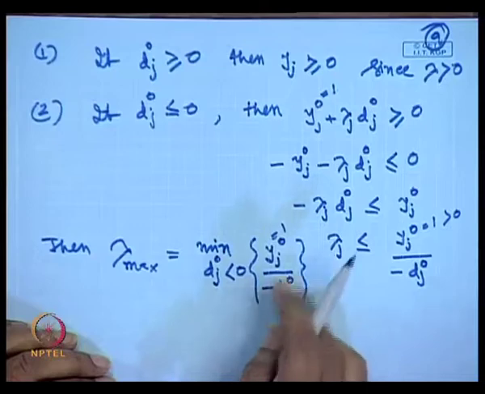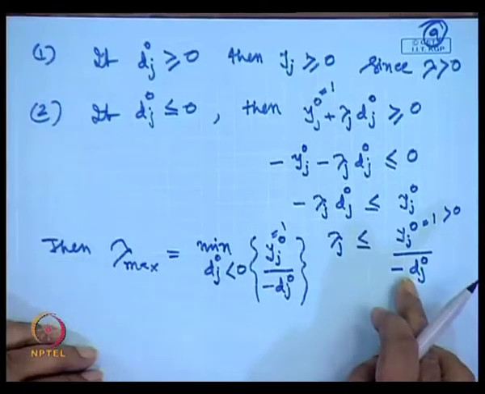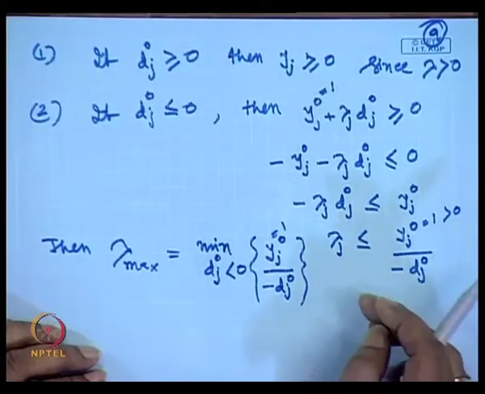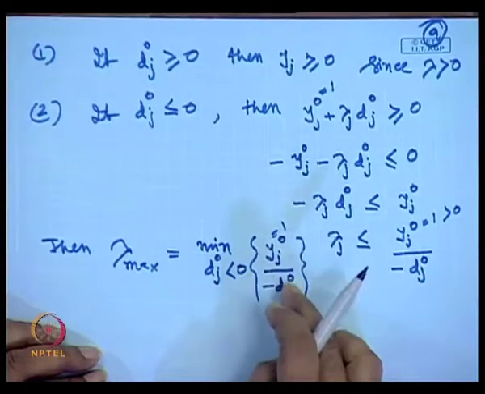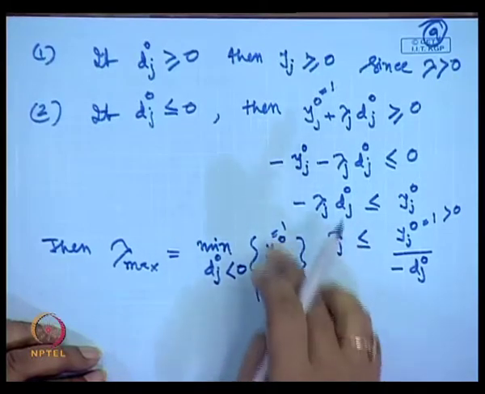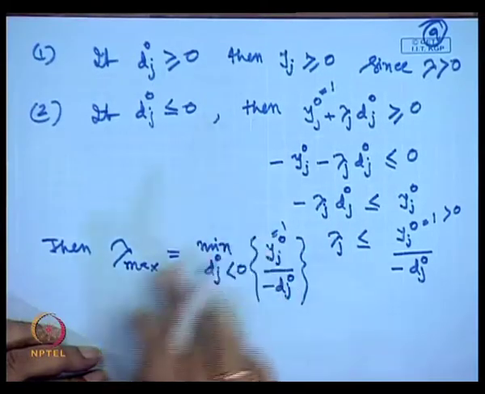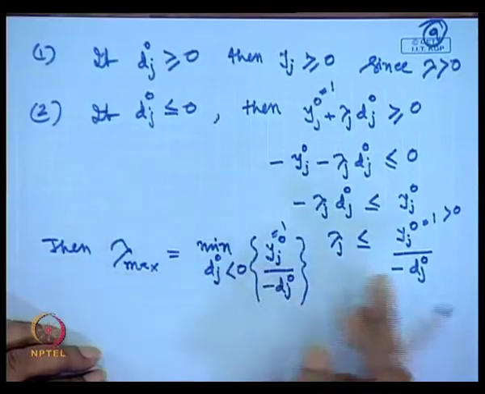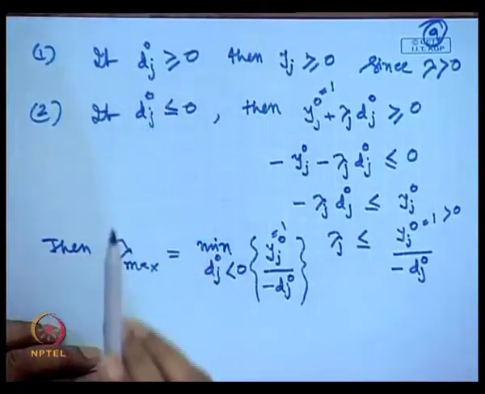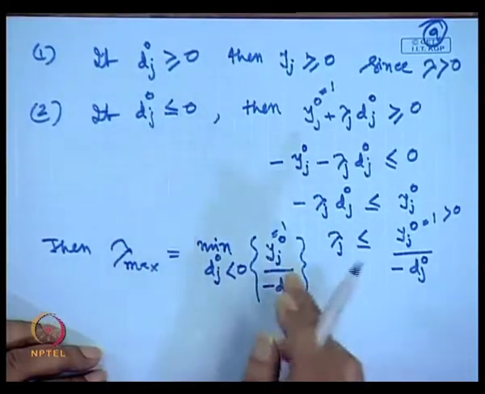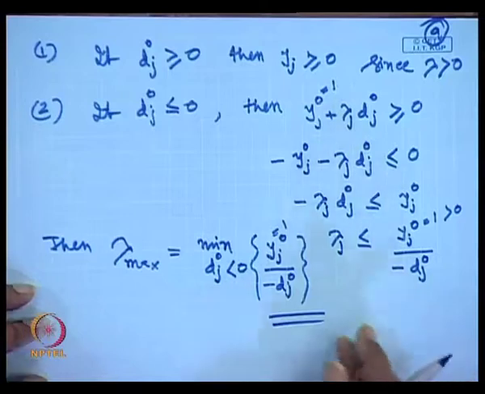So, for this ratio, in the d vector, let us say there are 5 components, and some are negative. Out of these, which one is minimum, because this minus this ratio will be positive, that we will consider as lambda max, and this will ensure that yj will always be greater than or equal to 0. Again, this ensures this will be greater than or equal to 0.